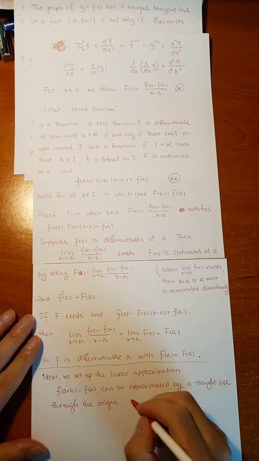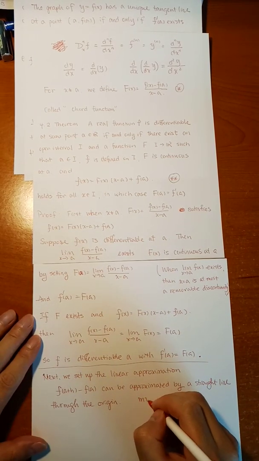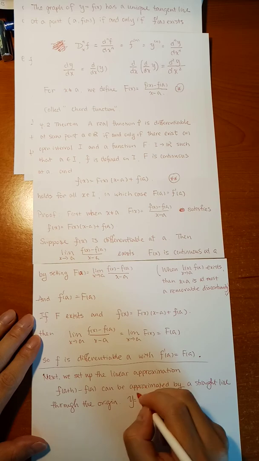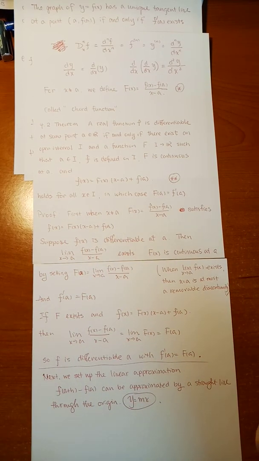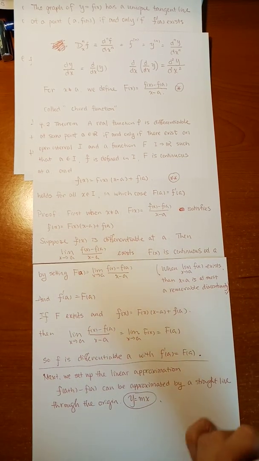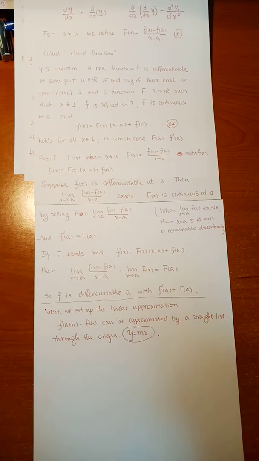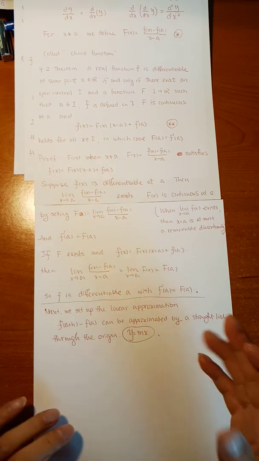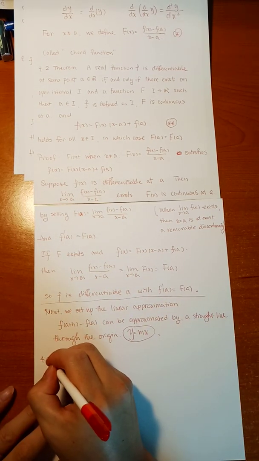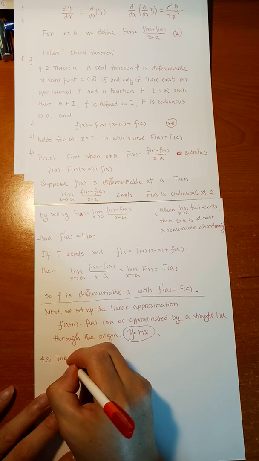A straight line through the origin just means mx. So what is the linear approximation?